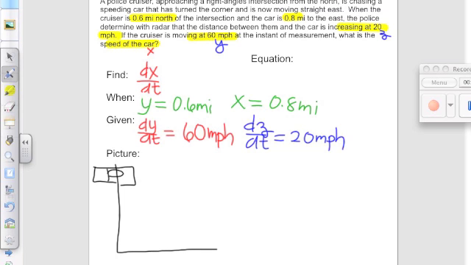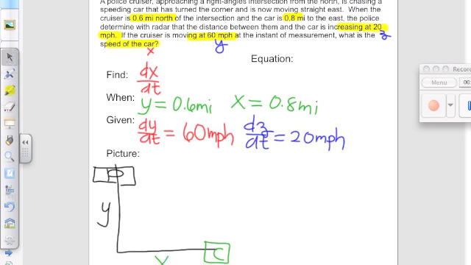I'm going to label this as my y, just like a normal XY grid. The car being chased is 0.8 miles east, in this direction. I'm going to just call this C for car.